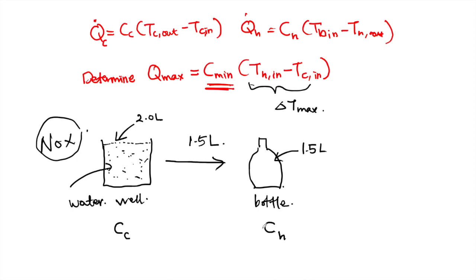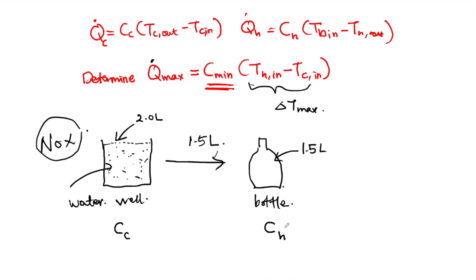So if your specific heat capacity for hot is 1.5, whereas CC, heat capacity for cold fluid, is 2, the maximum that this system can transfer or release or absorb is only 1.5.